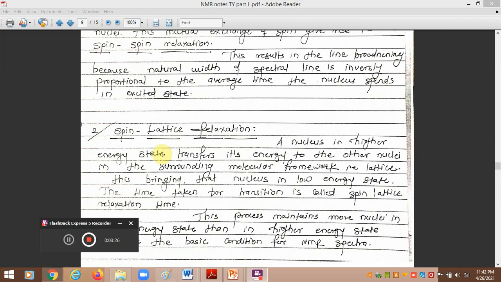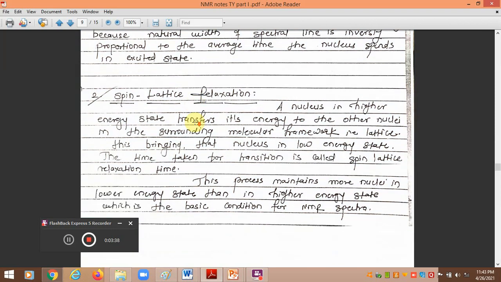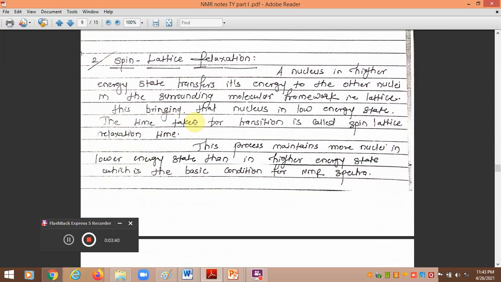The time taken for this transition is called the spin lattice relaxation time. This process maintains more nuclei in the lower energy state than in the higher energy state, and this is the required condition for the NMR spectra.